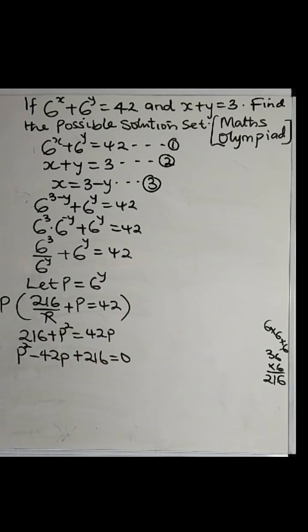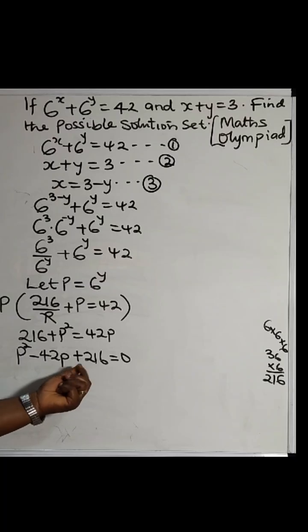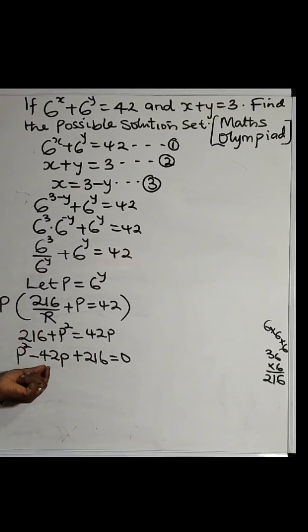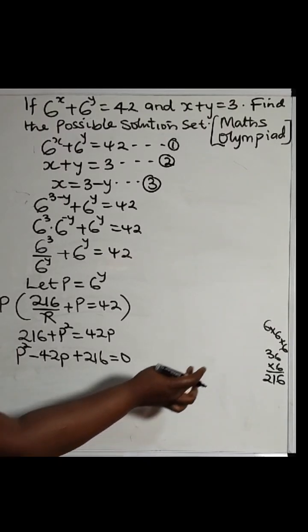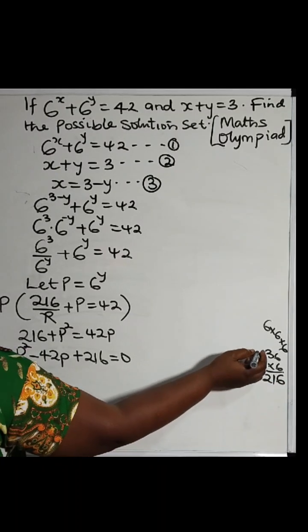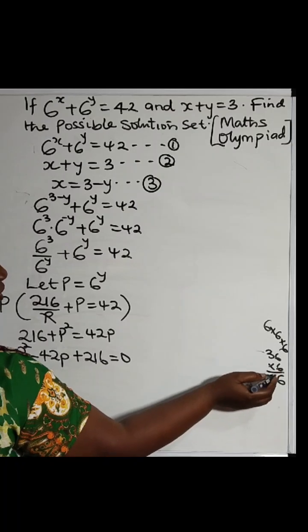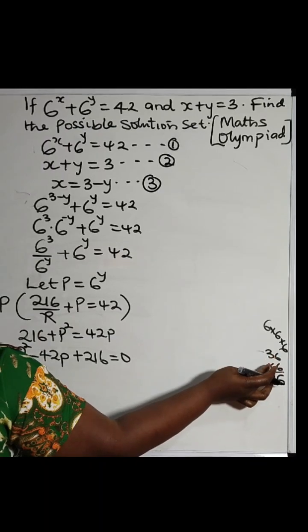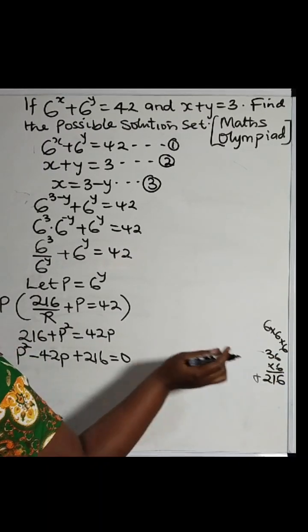We now factorize. Now we are going to look for two numbers that when we multiply, we have 216. When we add or subtract, we have a minus 42. Now remember here we have that 36 times 6 gives us 216. That means that minus 36 times minus 6 will give us plus 216. Minus 36 plus minus 6 will give us what?